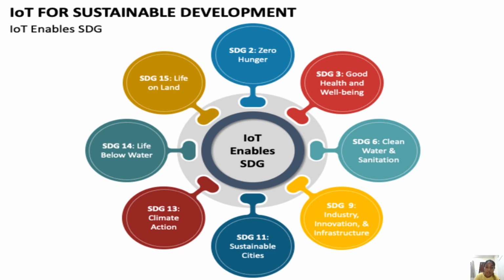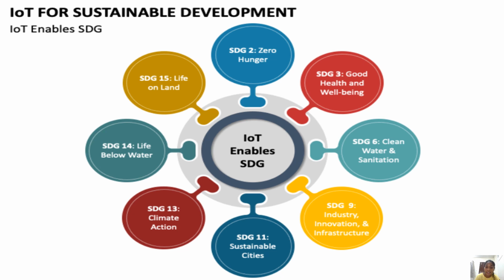We have SDG 11, sustainable cities. Nowadays, cities are optimizing traffic flow, which is very important in a city, as we all know, cities like Bangalore suffer through a hell of a lot of traffic. Then we have reducing energy consumption, then waste management systems.